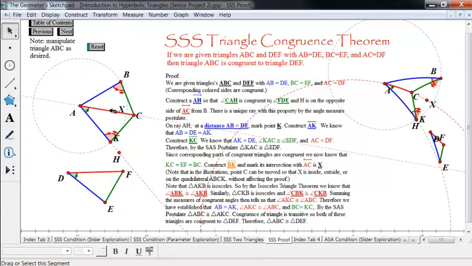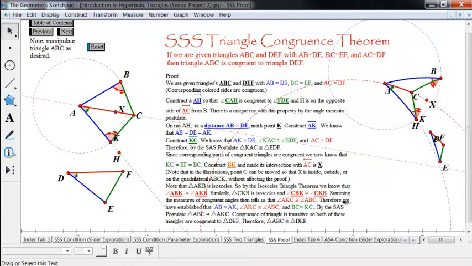Now, congruence of triangles is an equivalence relation. So what have we shown? First we showed that this triangle down here is congruent to the one here. And now we've shown that the one here is congruent to the one up here. So the first and the last one are congruent. And so if you put the corresponding sides together, you get triangle ABC is congruent to triangle DEF.